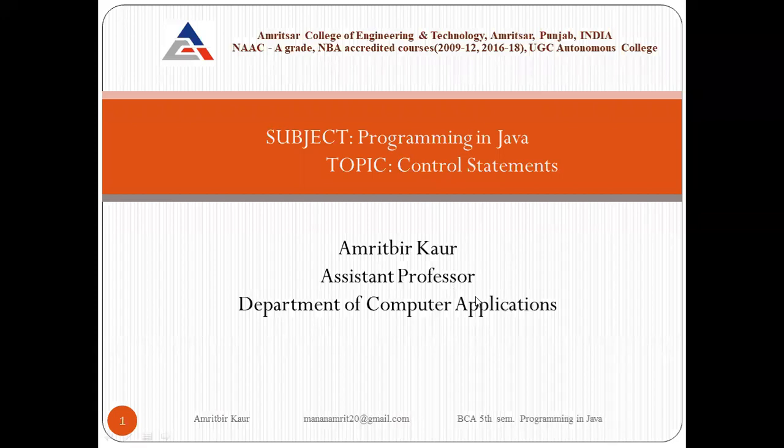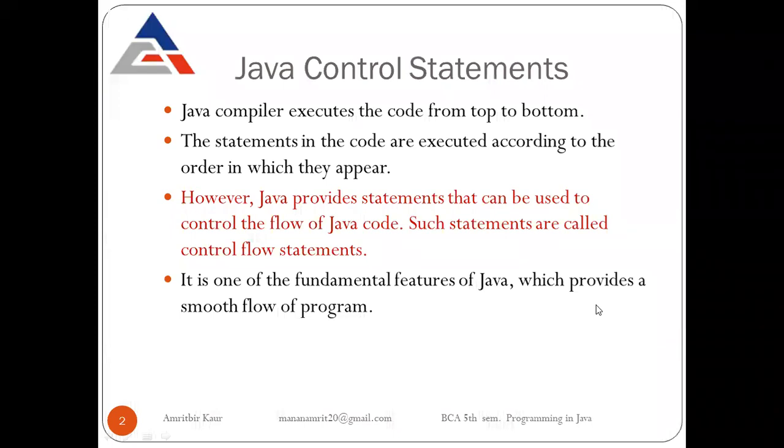So now our topic is control statements. The Java compiler executes the code from top to bottom. As we implement programs in our practical lab and also discuss programs in lectures, all programs are executed from top to bottom, meaning statements are executed one after another.